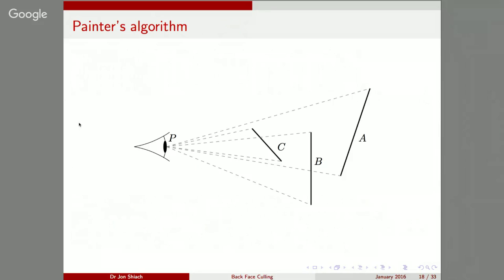How it works, well, I've got another one of my simplistic diagrams here. I've got three polygons. Obviously, A is furthest away, so that should be rendered first. B is the next closest, that's rendered second. And C is the closest, so that'll be rendered third.